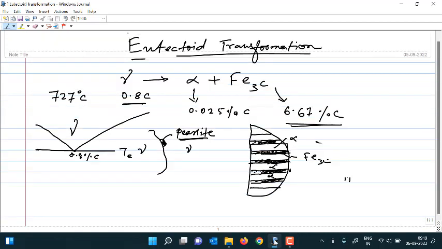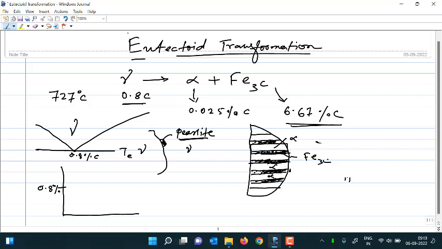So basically what we are saying is, in terms of the carbon redistribution, we are starting with this 0.8% carbon, which has to be redistributed between these two phases which are forming, that is ferrite and cementite.